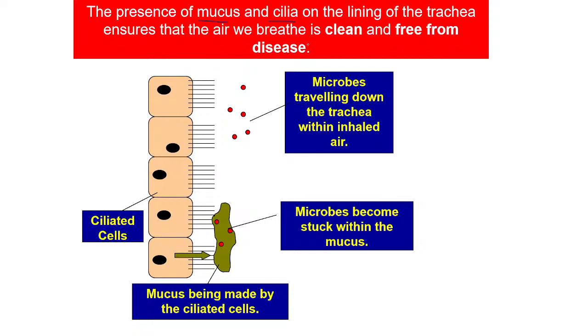Further, if this air contains any germs, they will get blocked with the help of the cilia, which are hair-like structures. So the mucus and cilia block these microbes if they are present in the air that we inhale. Very important function of the mucus and cilia.